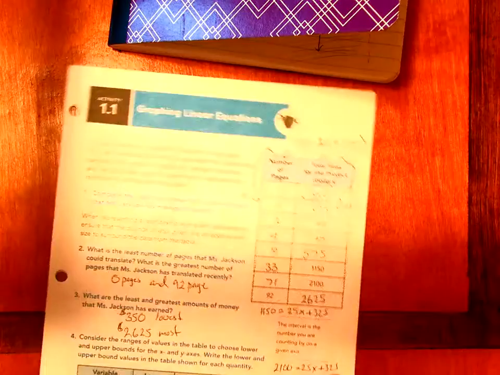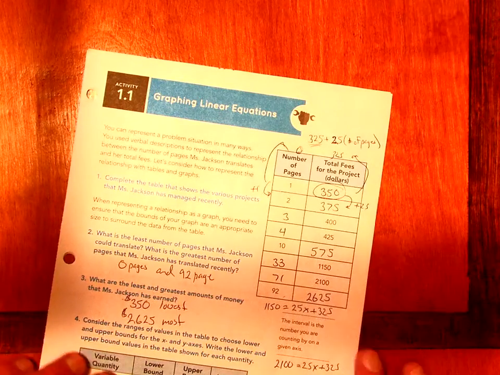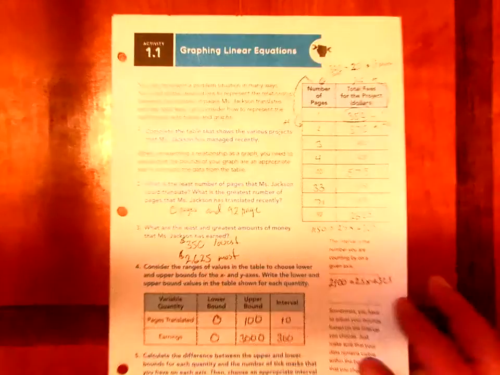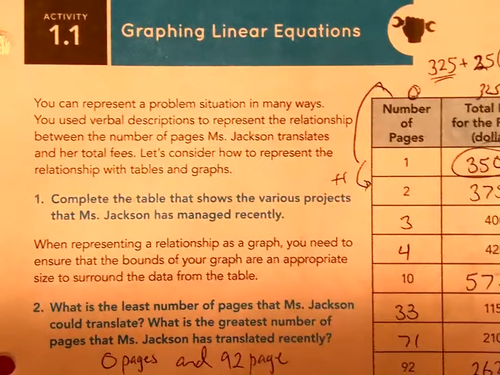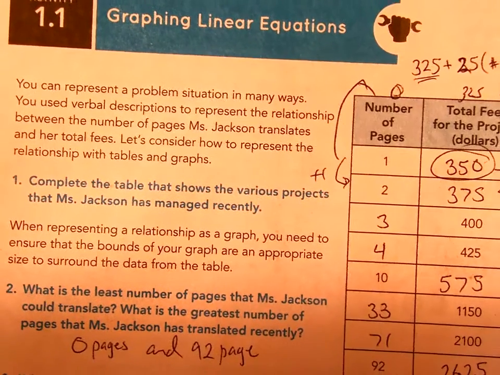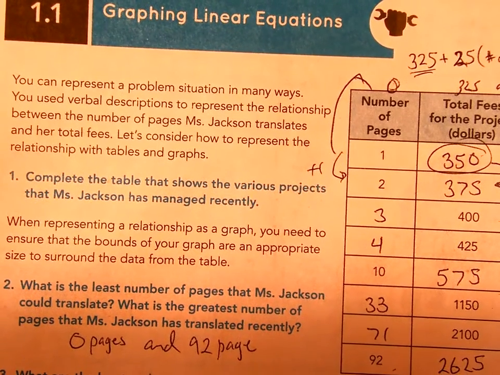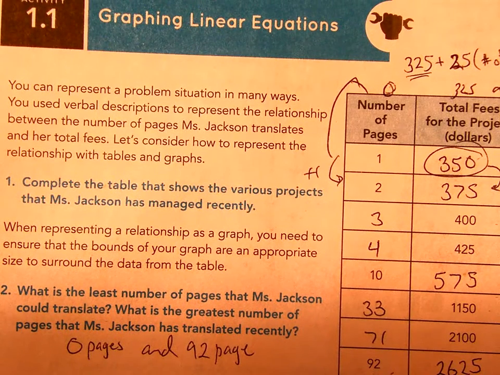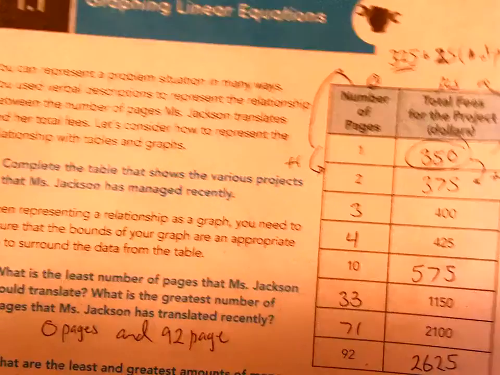In the earlier section, we were working with Mrs. Jackson, who translates pages. So she'll turn material into another language. And that was where she charged $25 per page, but she charges a $325 fee just for taking on the job. And so that is this section, the Module 3, Topic 3.